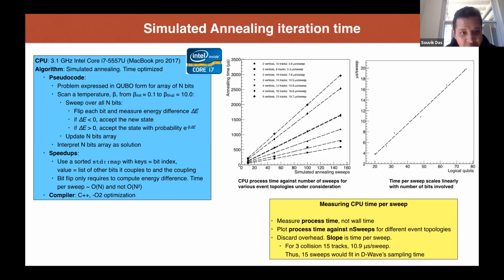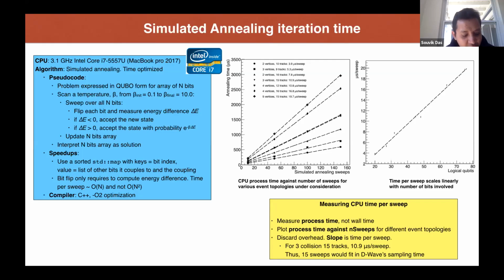If the energy difference is less than 0, we accept the new state of the bit string. If the energy difference is greater than 0, we accept the state with probability e to the power of minus beta times delta E. Then, out of the for loop, we update the n-bit array, and eventually we interpret the n-bit array as a solution.